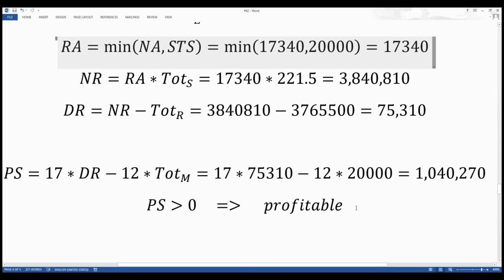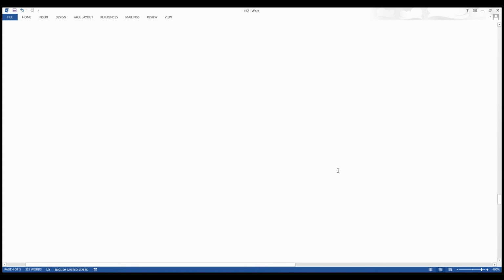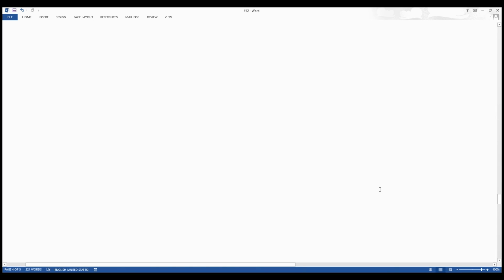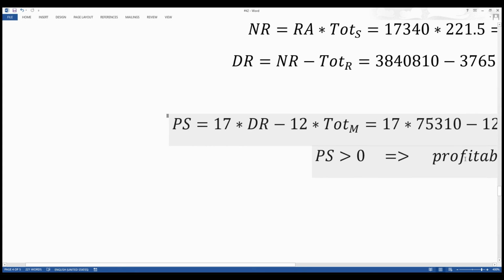Good. Let's go to the final example, which I'm not going to solve, but just to give you something to think about. Just tell you how you could solve it. Should I increase further? Now this club saw that he could increase to level 1 because it's profitable, right? What if he wants to check for level 2?